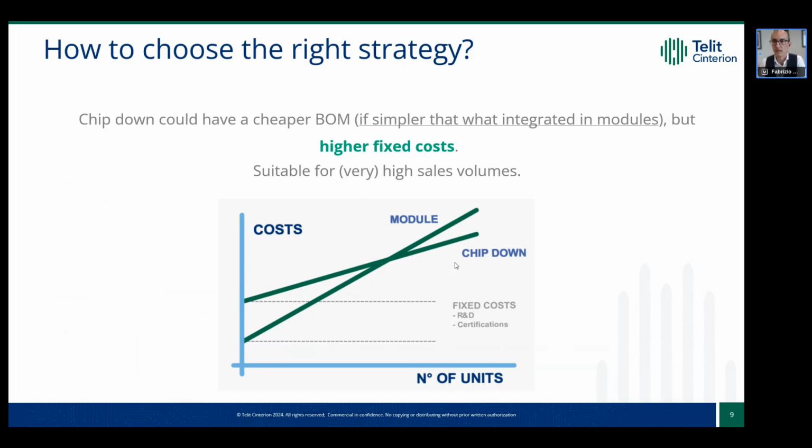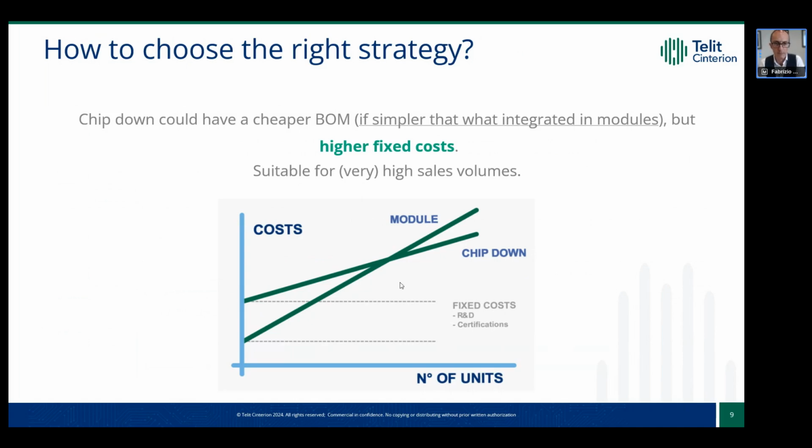I said before that a smart module has a cheaper BOM, and this is true because the components are already integrated and are cheaper than buying them separately. But this is true when you need all the features that a smart module offers.